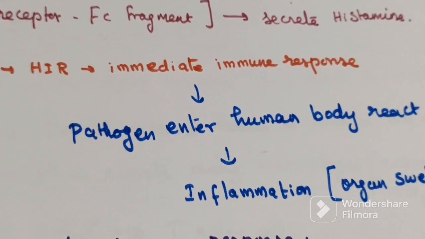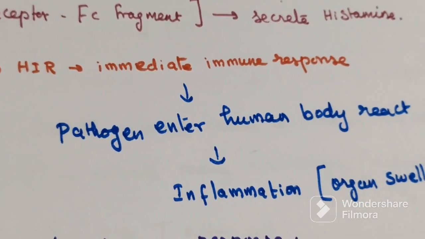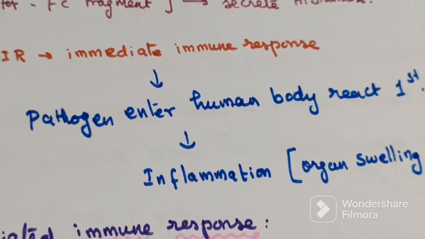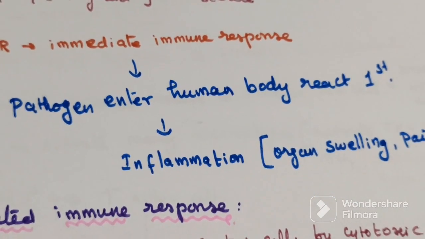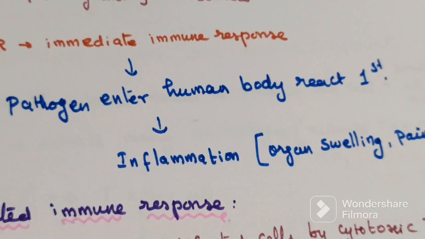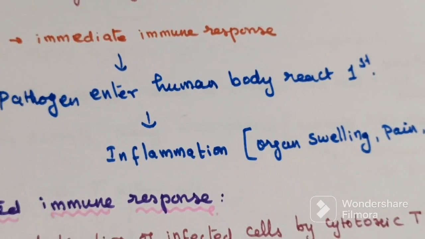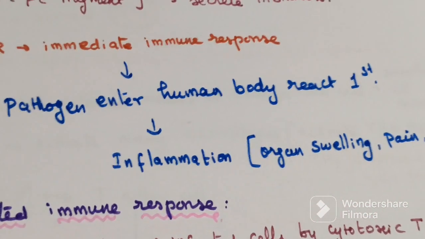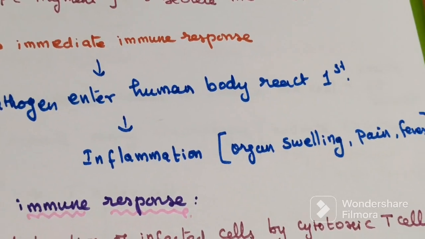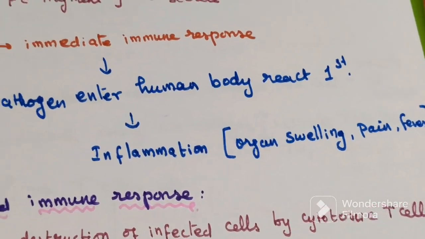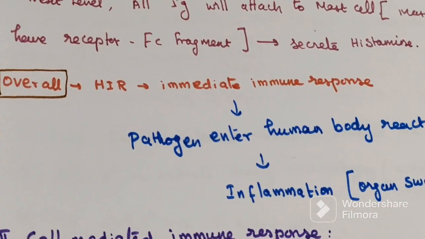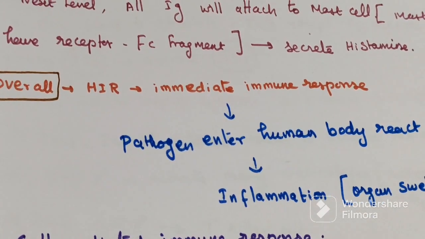Overall, this humoral immune response is considered an immediate immune response, because whenever foreign particles enter the human body, it will react faster. After that it causes inflammation. That means it causes organ swelling, pain and fever. This is all about humoral immune response.